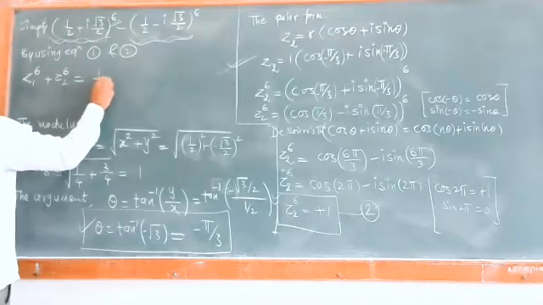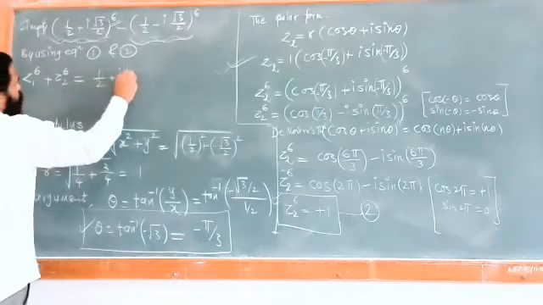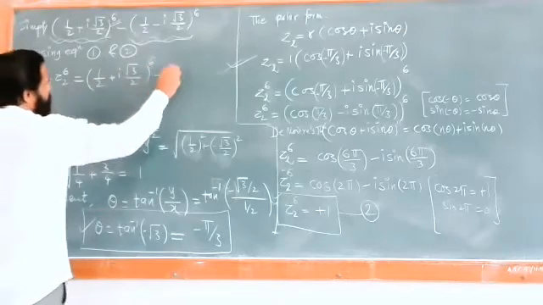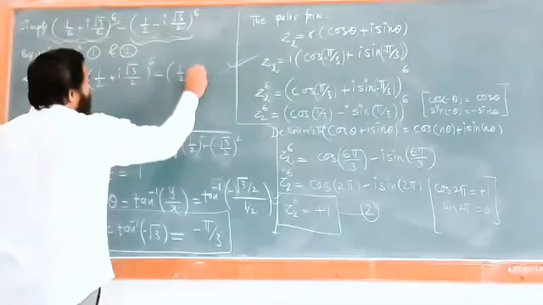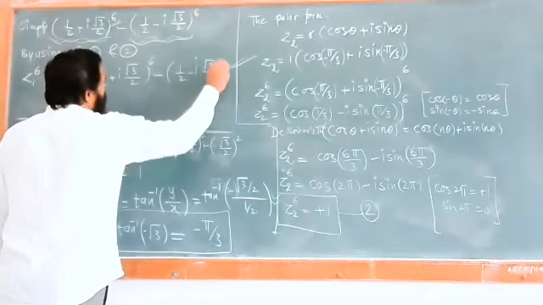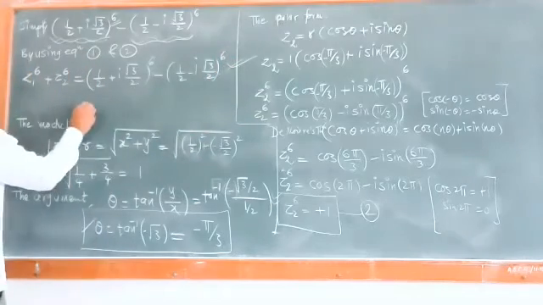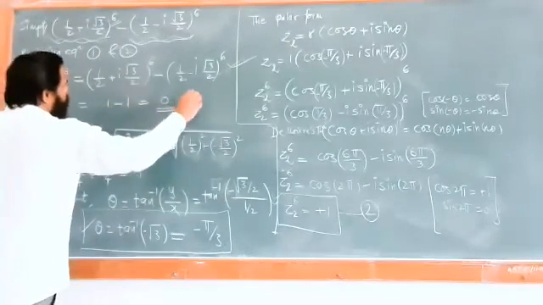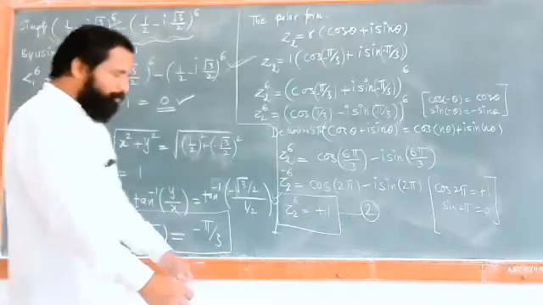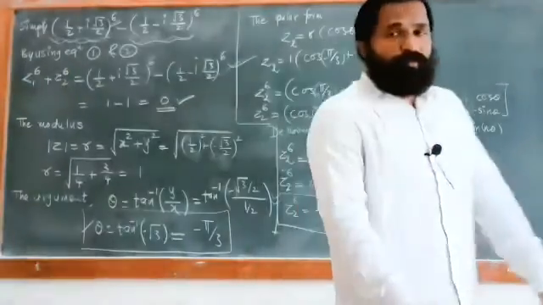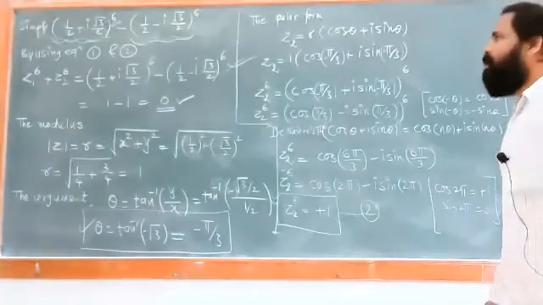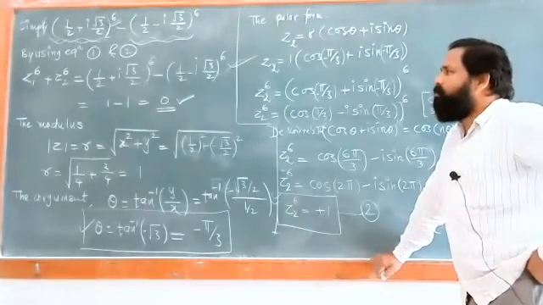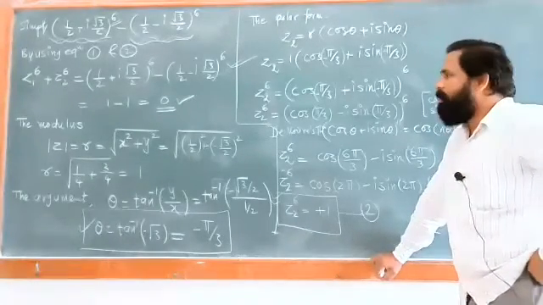What is that? 1 half plus i root 3 by 2 raised to 6 minus 1 half minus i root 3 by 2 raised to 6, and that is equal to 1 minus 1, and that is equal to 0. So the answer of this is equal to 0. So that is your things. सगळ्यांच्या लक्षात येते का पहा.